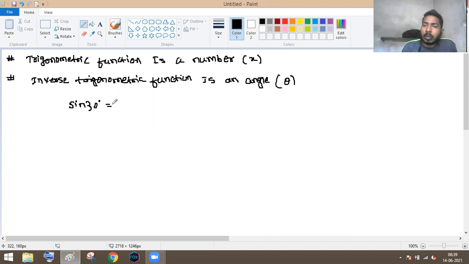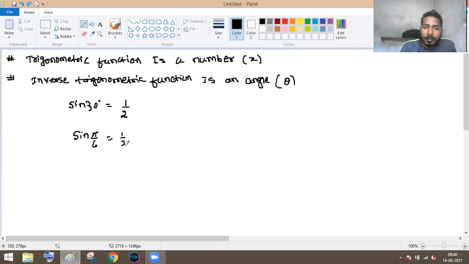sine 30 degrees equals how much? What is the value of sine 30 degrees? 1/2. Or we can say that instead of 30, I can write pi by 6. Sine pi by 6 is 1/2. Now take the sine to the other side.